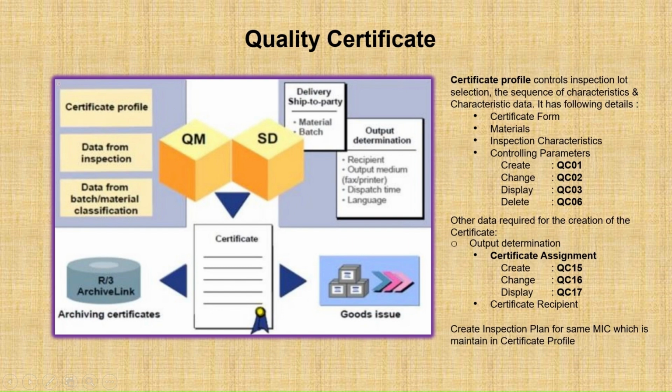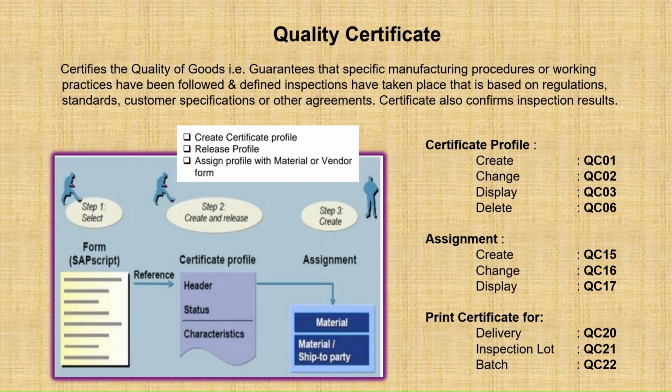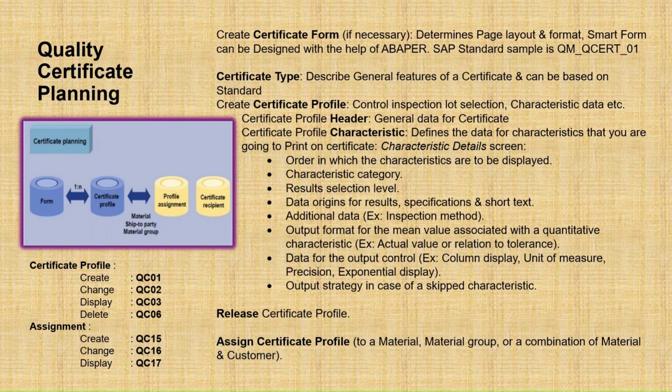Basic master data will always remain the same, like we will be creating the MICs, the sampling procedure and all. Very few things are different normally. First is the planning phase, then the actual processing will come. In the planning phase, we decide what will be the layout of the certificate, how it should look, where the logo will come.